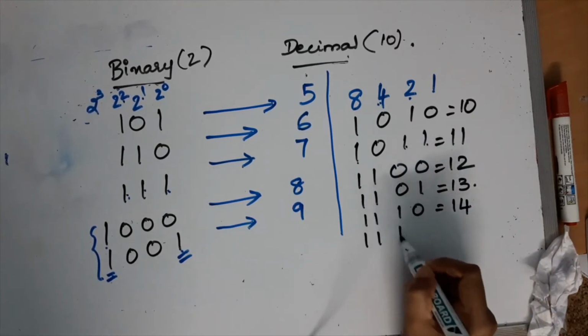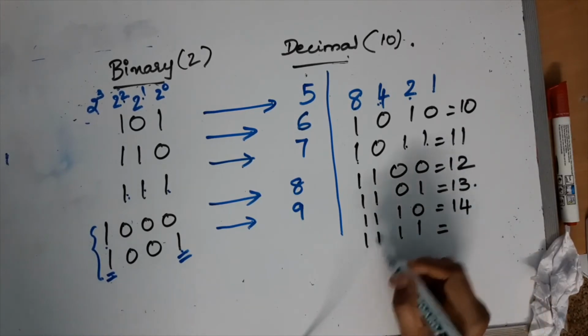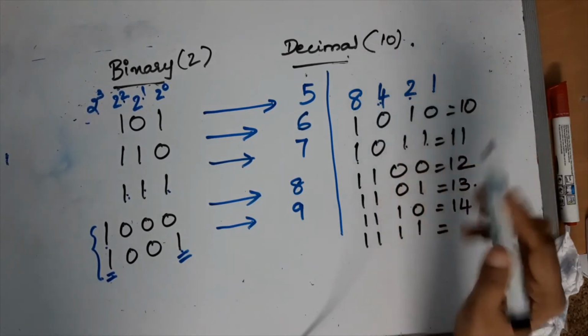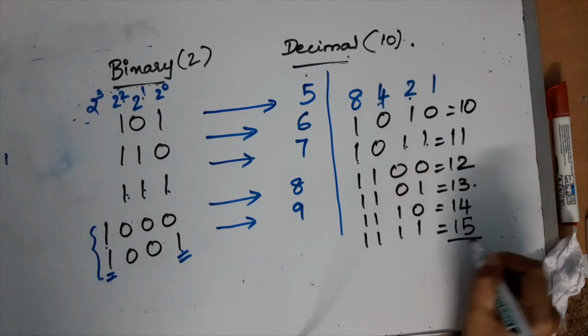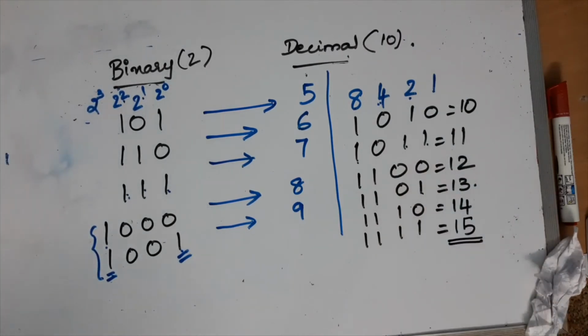And 1111, that is 8 plus 4 plus 2 plus 1, that is 15. So if you are asked to write from 0 to 15, just start writing it with this 8421 code and just fill it up.